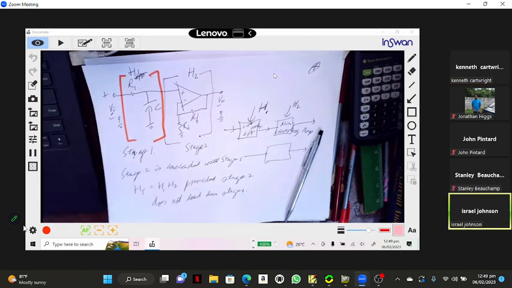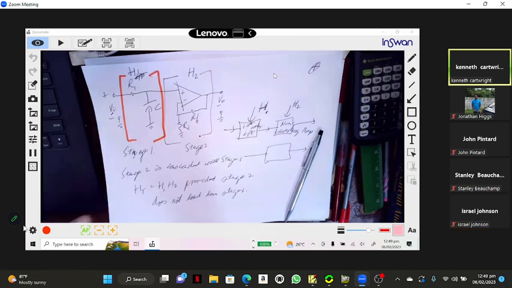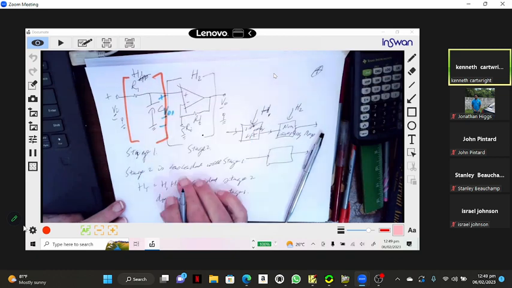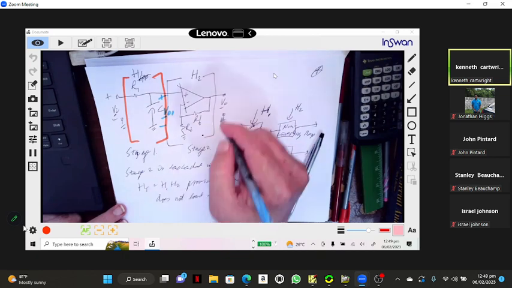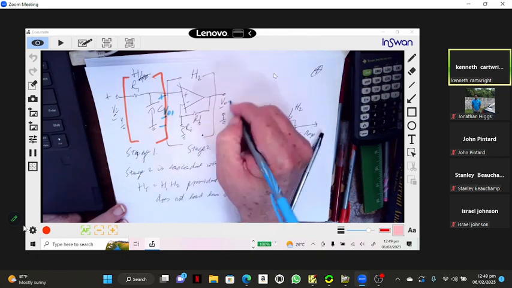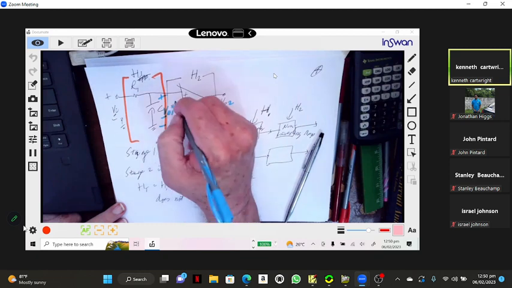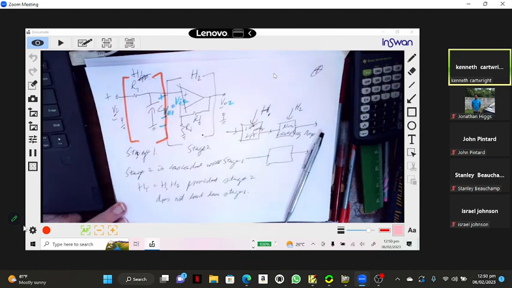Oh. So really from here to here it would be V out 1, and this here is really V out 2. This is V out 1 and it's also V in 2. I mean, surely that's self-evident.